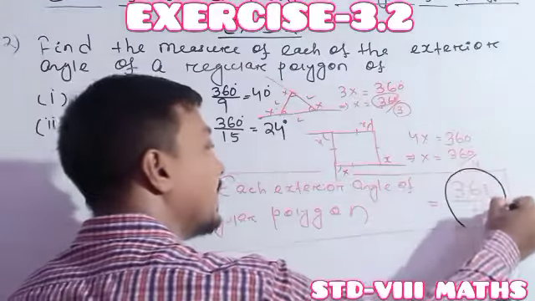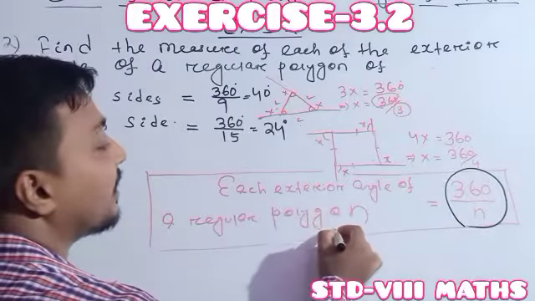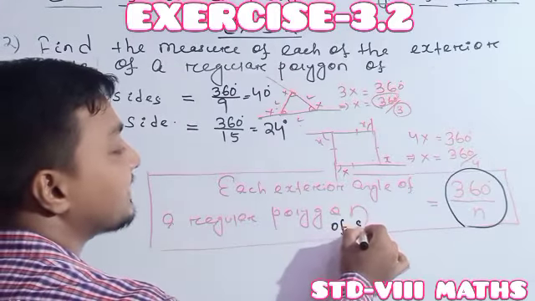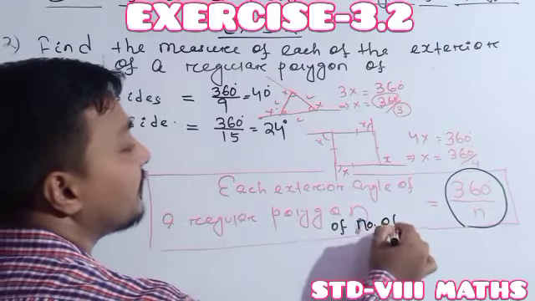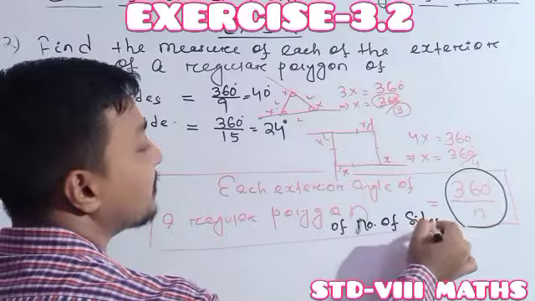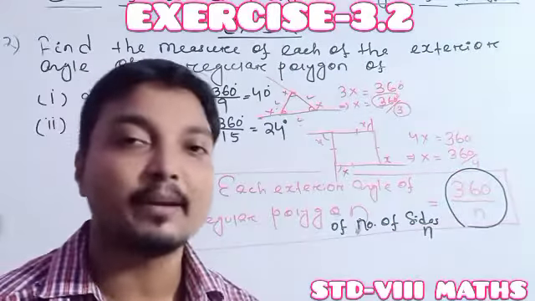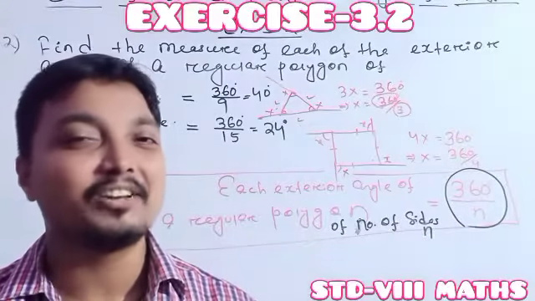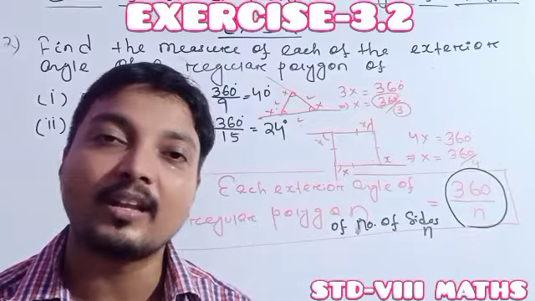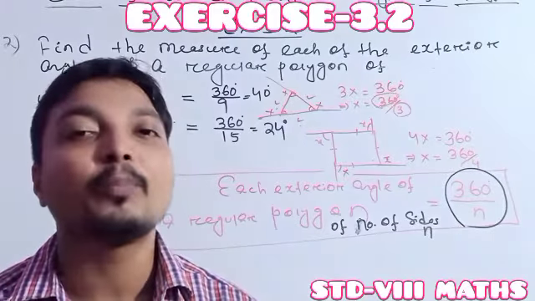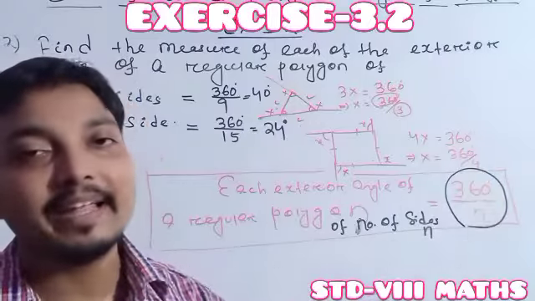You just have to remember: each exterior angle of a regular polygon with number of sides n is 360 degrees divided by n. Understood? Easy or difficult? Whatever the number of sides a regular polygon has, the formula to find the exterior angle is always 360 degrees divided by n.